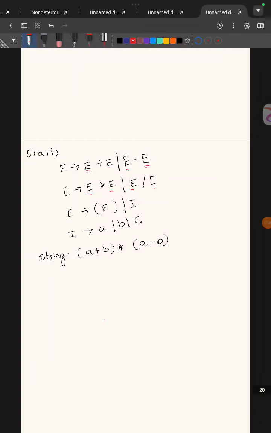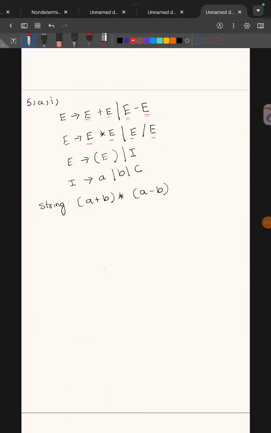Now what is the step we have to do? First you have to check the associativity of the given operator. For example, mostly your plus, minus, star and division, these all will be left associativity.